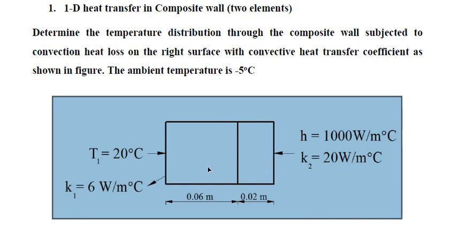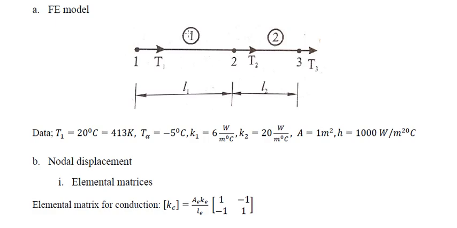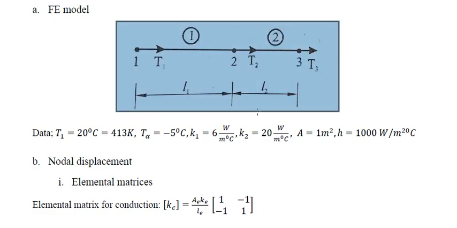Two elements means node 1, node 2, node 3. At node 1, the temperature is 20 degrees. We have to find T2, the temperature at node 2, and T3, the temperature at node 3. Now the FE model is given like this.